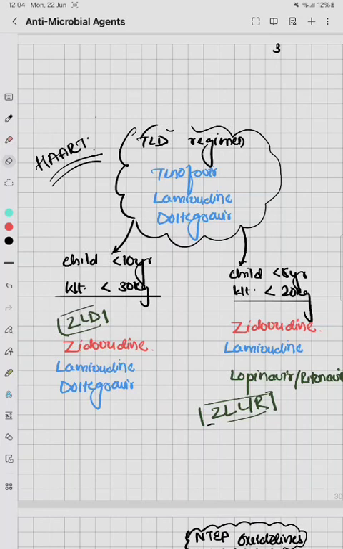For that, tenofovir is replaced by zidovudine. If the child is less than 5 years, dolutegravir has to be replaced by lopinavir and ritonavir. So essentially there are three regimens. The first one is TLD, the second one is ZLD, and the third one is ZLL/R.